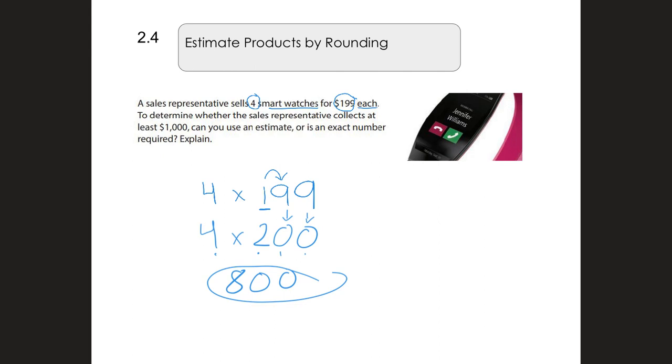So I know that the actual price, the exact number, is a little bit less than $800 because I went up to 200 from 199. So because I rounded up, I know that the actual answer is less, and therefore it is not near 1,000. So I don't need the exact number.